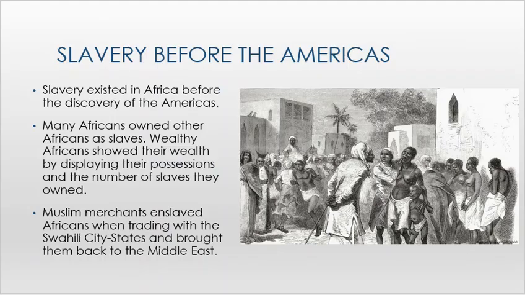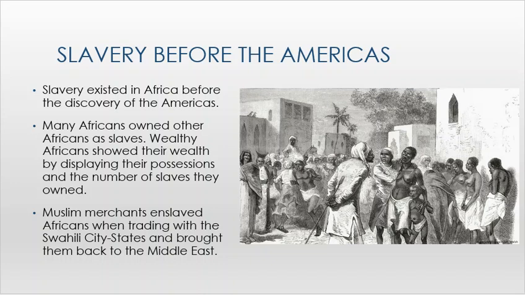All right, guys. So slavery has been going on for a while, since pretty much the history of the world. Slavery was happening even in Africa, even before the Americas were discovered, and there was a strong need for labor.